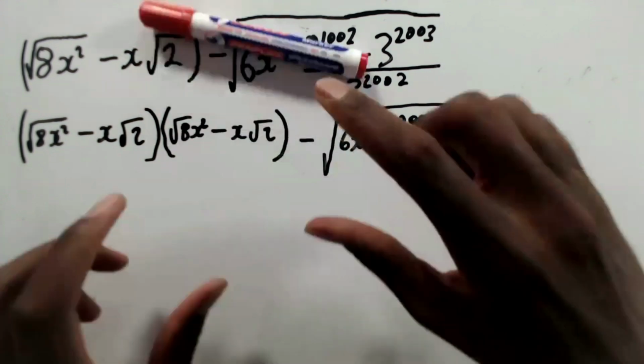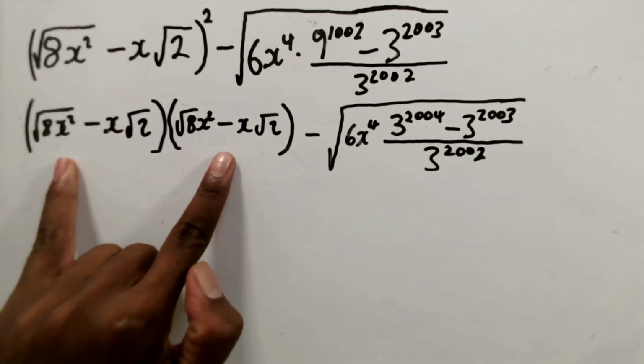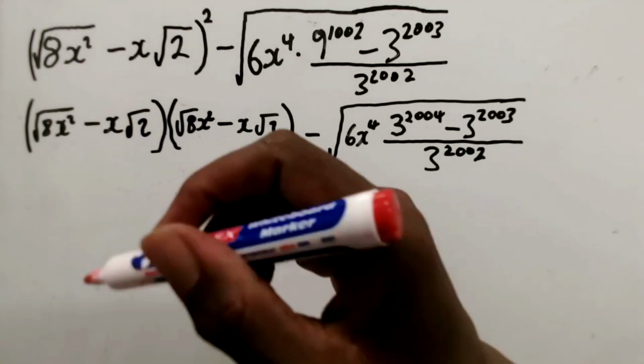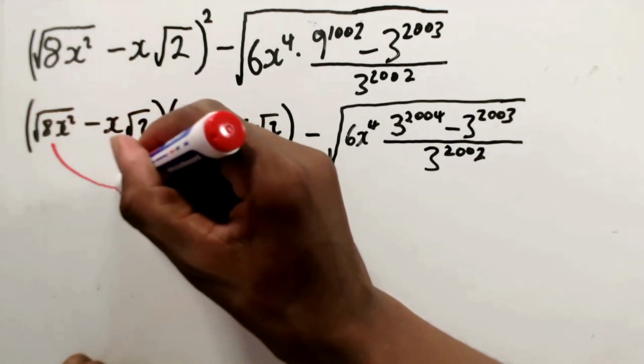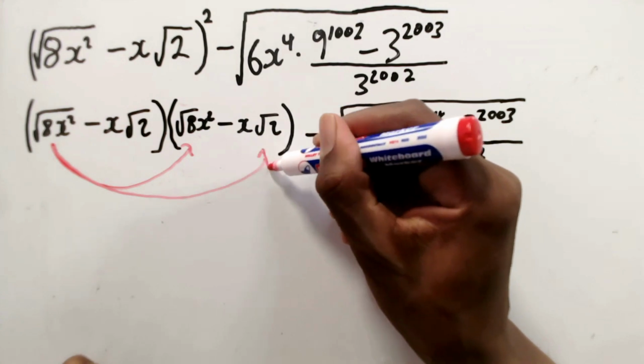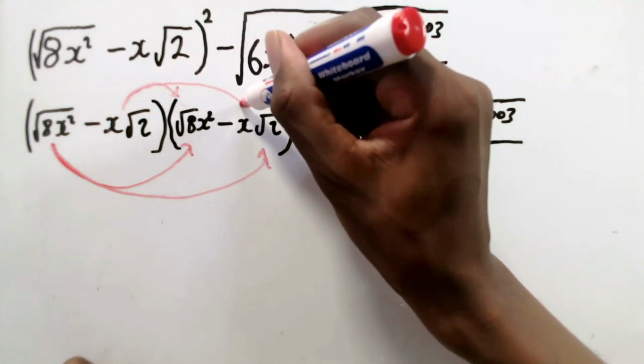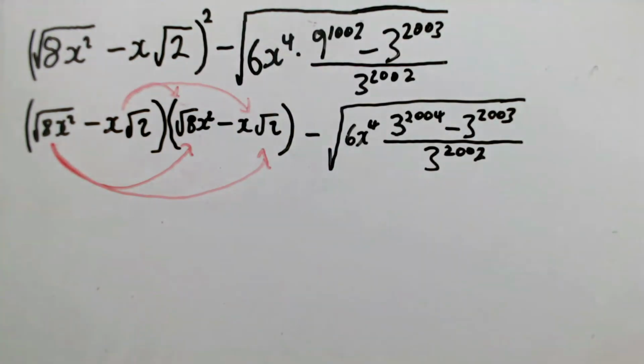Obviously, for this one, I'm going to do my foiling here. As we simplify, we're going to FOIL this part, meaning I will multiply this by that, then multiply this by this, and further on multiply this by that, and then this by this. It requires your full attention and understanding of exponents.